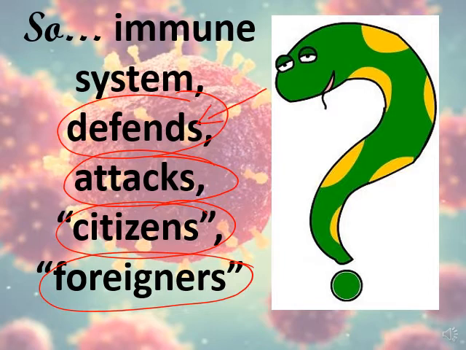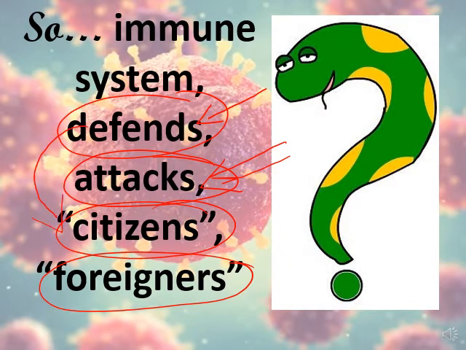We have two verbs, defend and attack. Defend or attack. So the immune system will defend the citizens, meaning what belongs to my body, or attack the foreigners that are different from my body. Sure, the immune system will defend my citizens, my organs, my tissues. So defend is for the citizens.